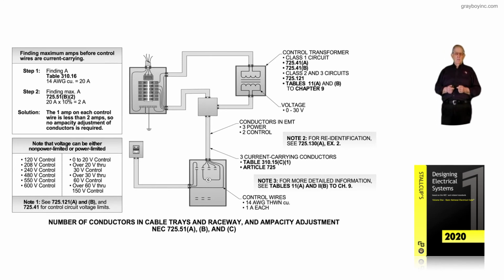So the solution is the answer: the 1 amp on each control circuit is less than the 2 amps that are permitted in step 2. So there's no adjustment factors required. And as long as your phase conductors do not pull more current than the conductors are allowed to pull, and you only have 3 current carrying, there's no derating there.